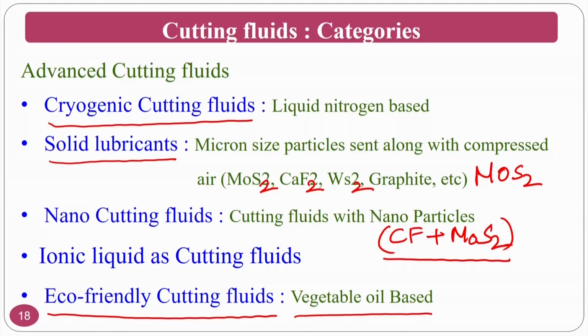Anyhow, you will see this in depth in the upcoming slide. So in order to avoid all these things, vegetable oil based cutting fluids are used. I was talking to you about the cryogenic cutting fluids, but let me come back to the cryogenic cutting fluid in the next slide.